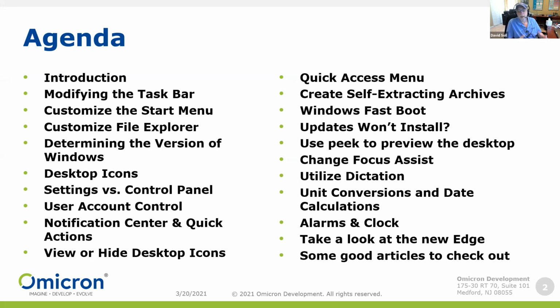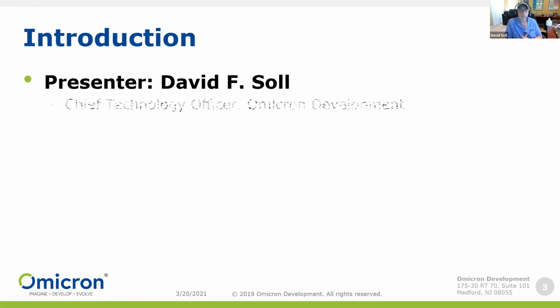They've really jam-packed it with all kinds of features and capabilities, and there's no way I can get to all of them even in a day or 2 days worth of talks. It's really big. So I just picked some of my favorites, some things that I think will help you out and help you utilize Windows 10 a little bit better. So this is the agenda, and we might as well jump into it instead of wasting time on the agenda.